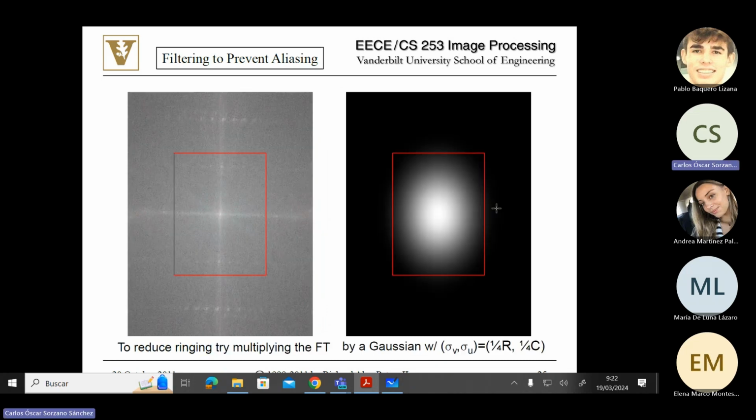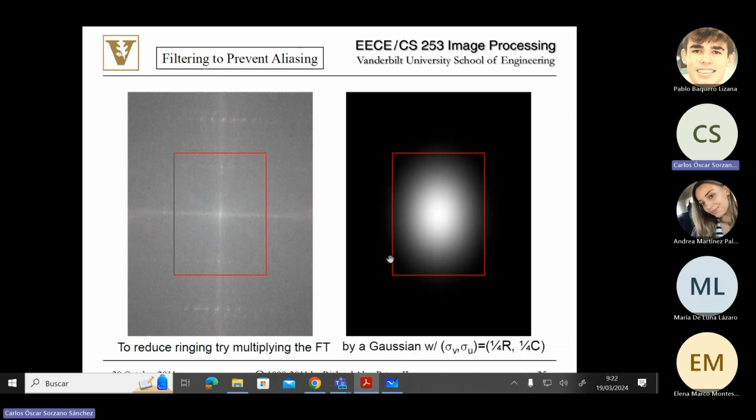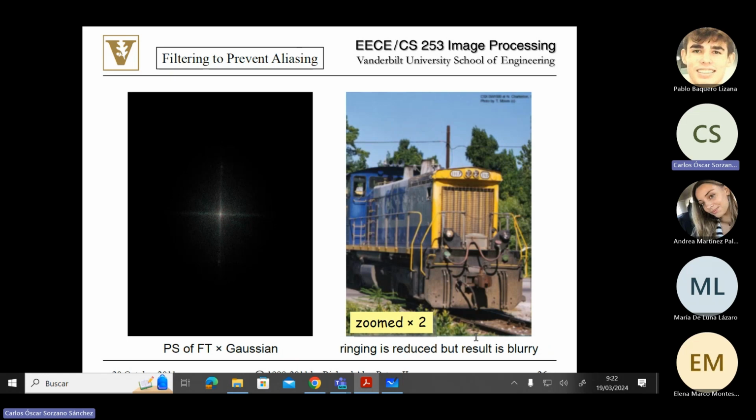This is with a different anti-aliasing filter. Instead of just this ideal function, you can put a Gaussian with the appropriate width, and it is also anti-aliasing. This is the result with this Gaussian, and then you do the decimation.